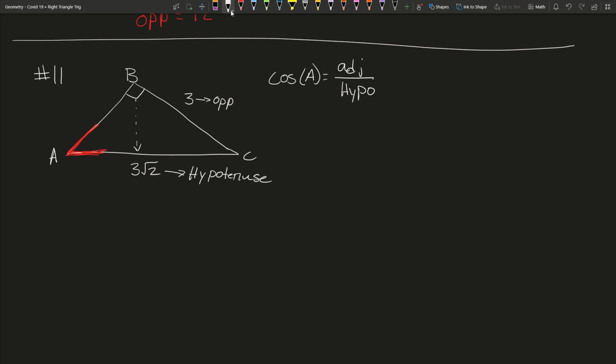So we need to find the adjacent side. All right, again, in order to do that, you plug into the Pythagorean Theorem, and then plug in the things that you know. Okay, so the opposite is 3.